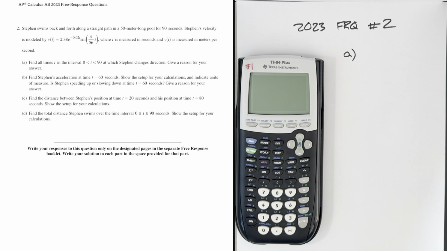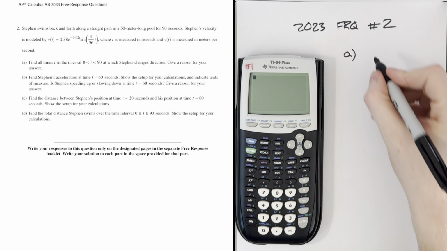Okay, so we got a crazy function for velocity, obviously, right? We couldn't really do anything with that by hand, but we do have a calculator, so we can definitely do something with it. But let's start with part A. We're looking for times when Steven changes direction. And here's a big part of particle motion. This shows up a ton on FRQs.